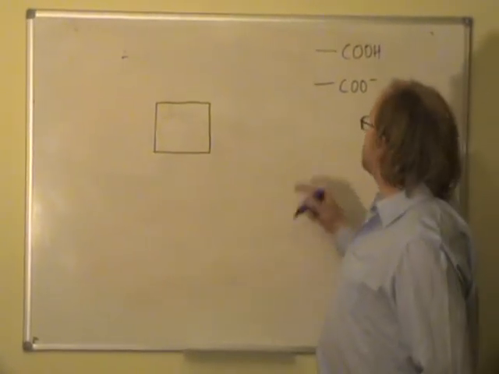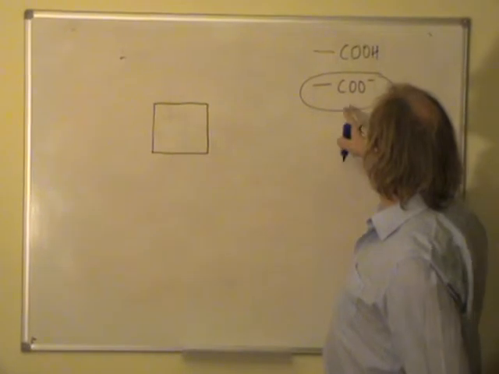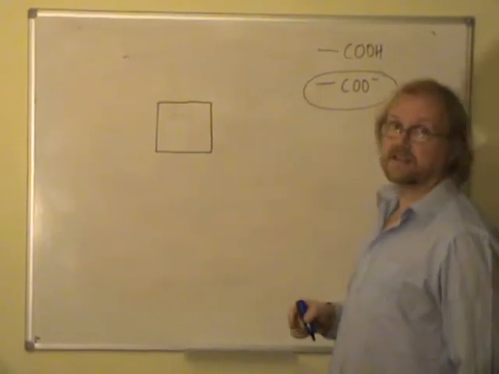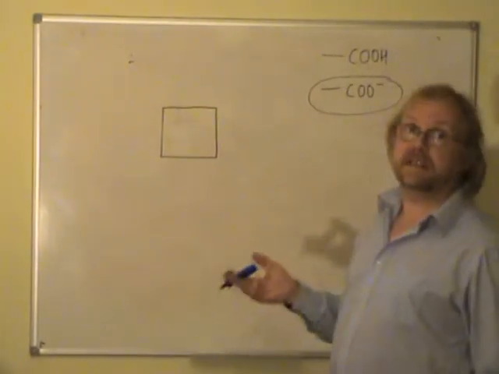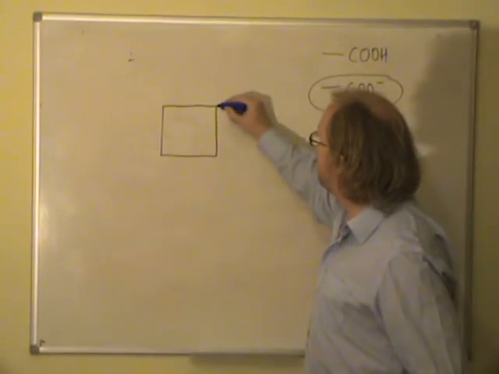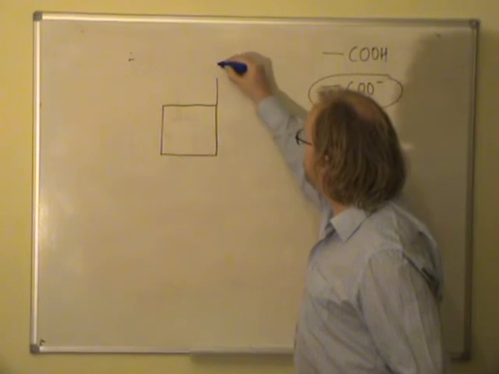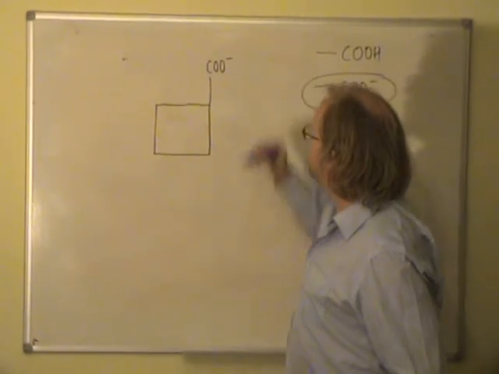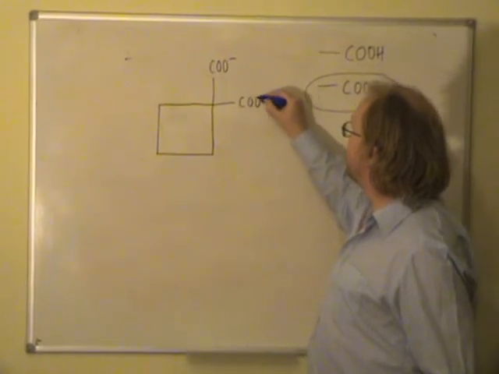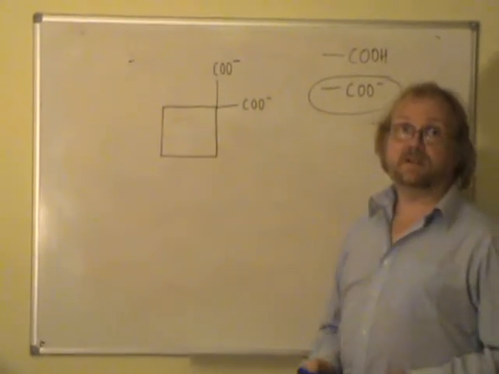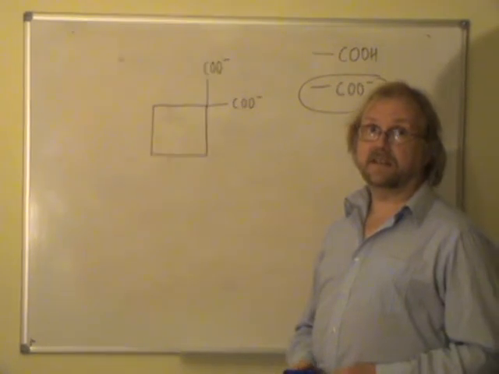So dicarboxylate means that it will have 2 of those groups attached to the cyclobutane, and 1,1 means they're both attached to the same carbon, because if that's carbon 1 and it's got 1 COO minus attached, the other COO minus must also be attached to carbon 1. So that is what the negative ion looks like.